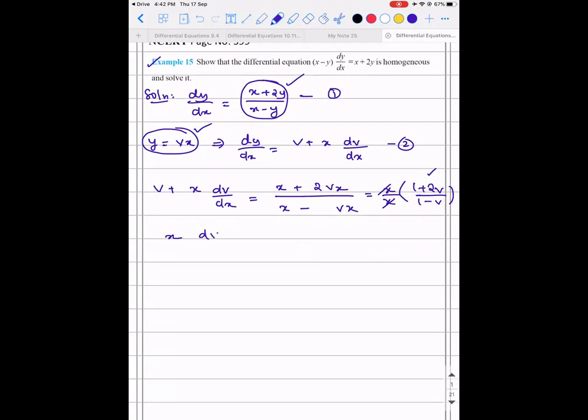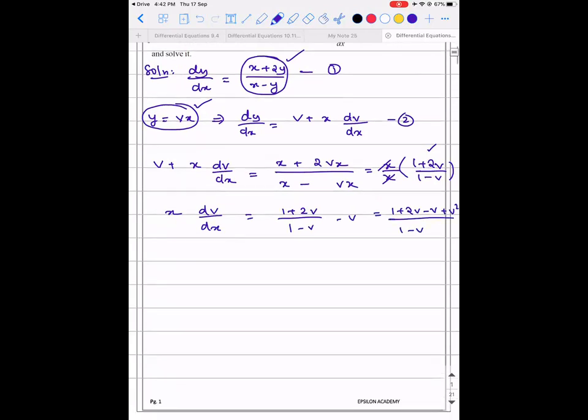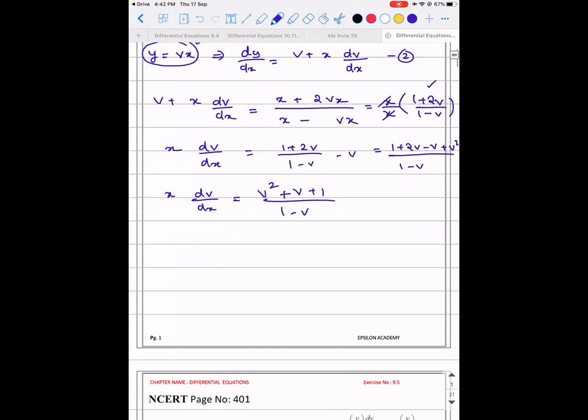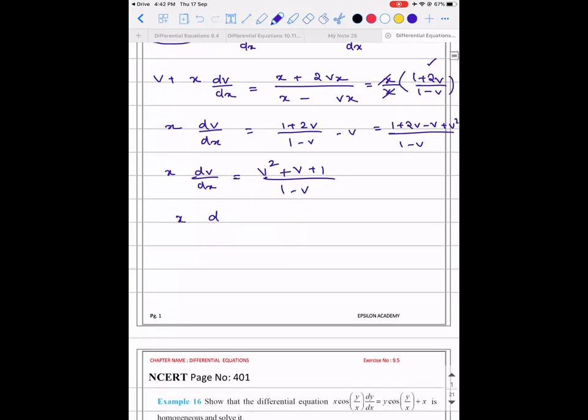So x into dv by dx is equal to 1 plus 2v by 1 minus v, minus v. So that will be 1 plus 2v minus v plus v square, the whole divided by 1 minus v. What will get cancelled? Nothing. So x into dv by dx will be equal to v square plus v plus 1, the whole divided by 1 minus v. Now I can write it like this.